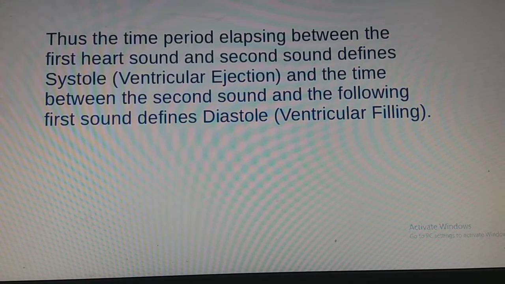Now, how easy it is to understand the heart, its anatomy, its functioning, its conduction, its blood flow, and the sounds created by it.